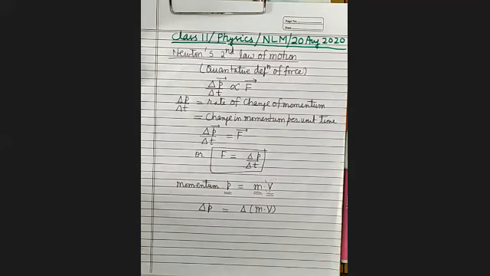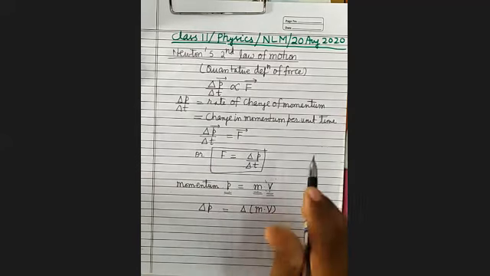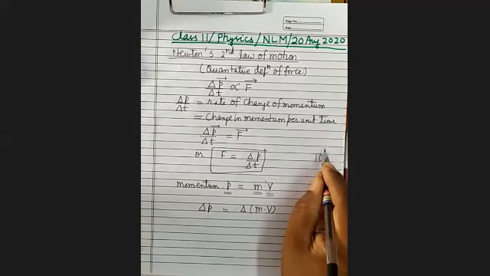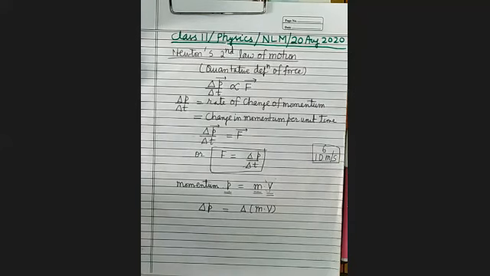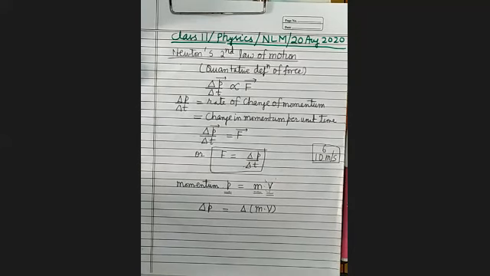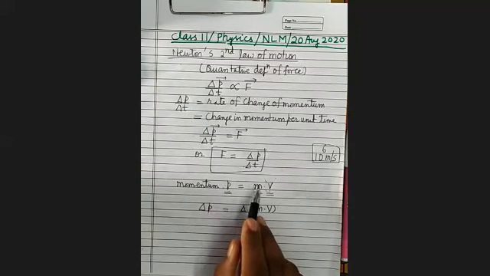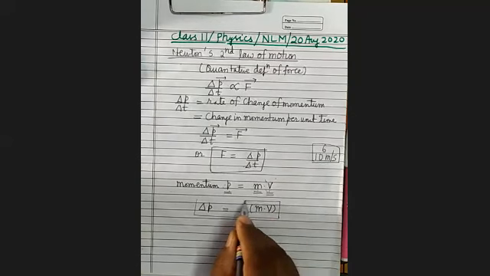Because this change in P is possible because of the change in velocity as well as change in mass. When a body is moving with a very great velocity, when the velocity of the body is 10 to the power 6 meter per second or more, then there will be a change in mass also. In that case momentum will change because of the change of mass. So that's why we write delta P like this.